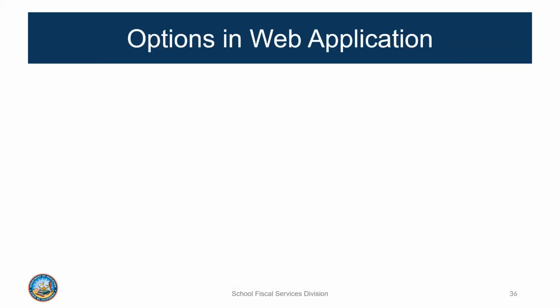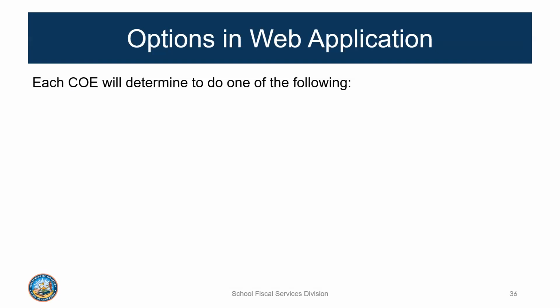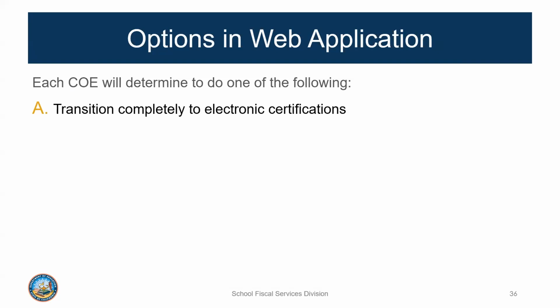So obviously, the options in the web applications are either to transition completely to electronic certifications and have the required signatories that were previously signing pen and paper forms actually log into the system and electronically certify, or each entity may retain the pen and paper certifications.